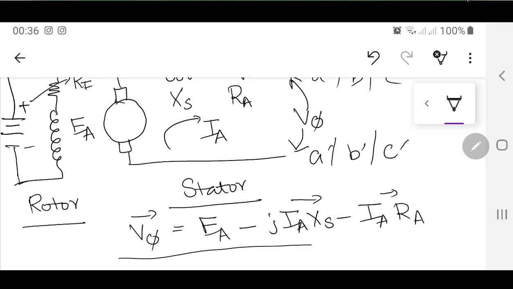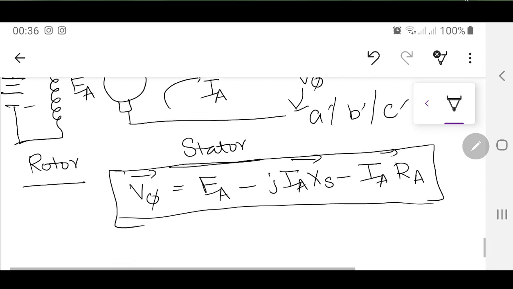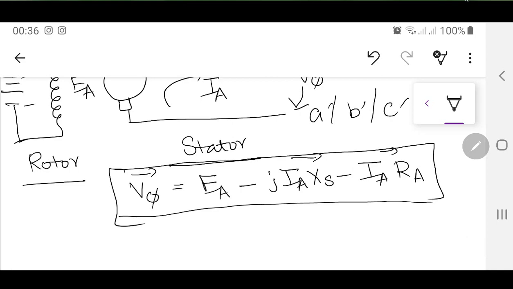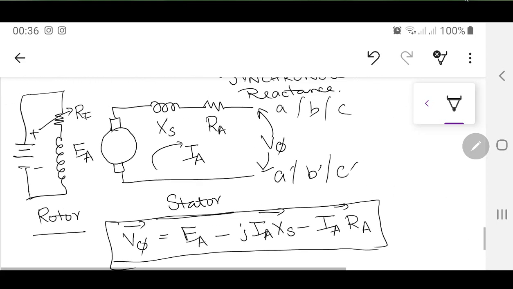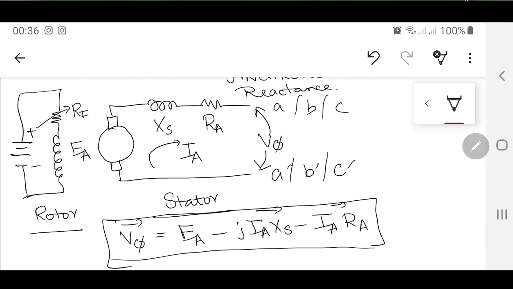So this is the equivalent circuit of your synchronous generator, and this is the equation over here, that is V phase equal to EA minus JIAXS minus IARA. XS is the synchronous reactance, including the self-inductance of the coil and the armature reaction constant over there.